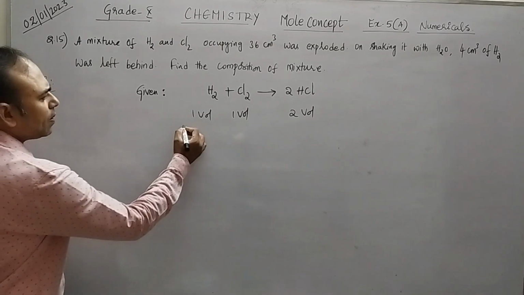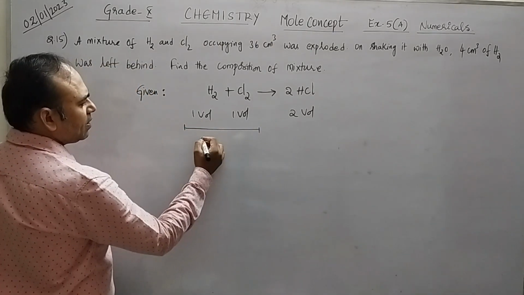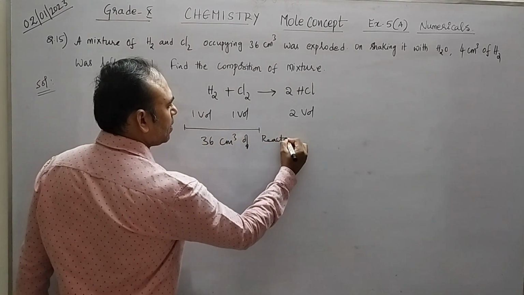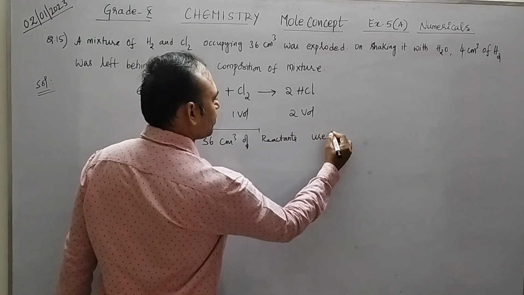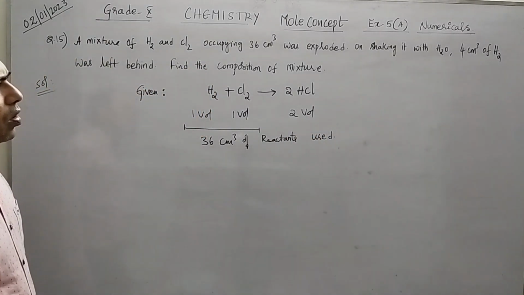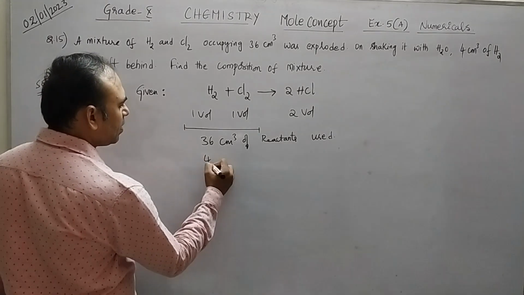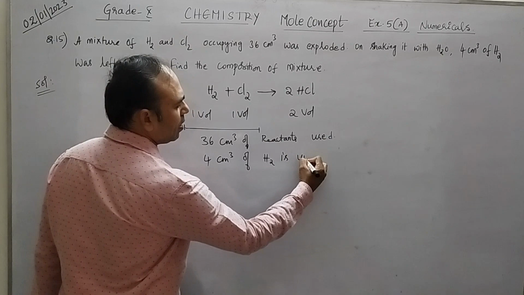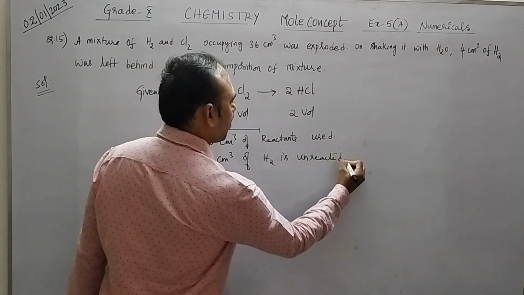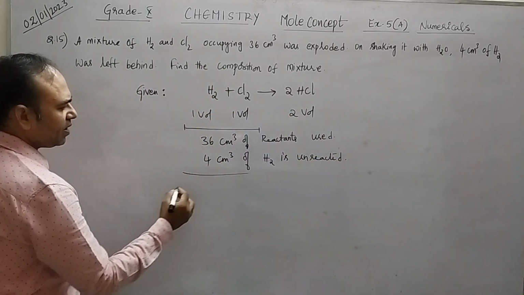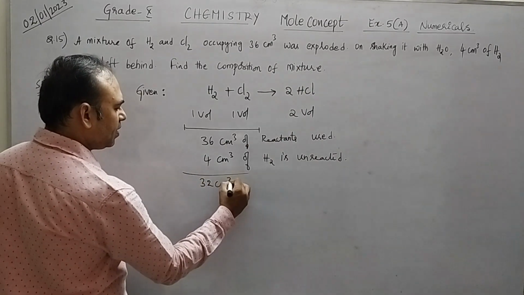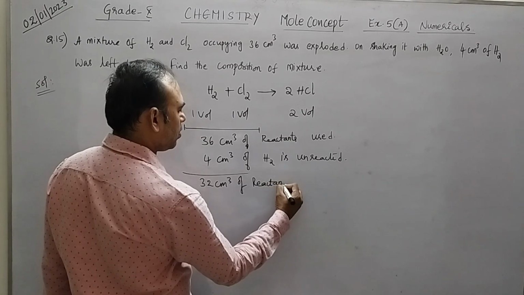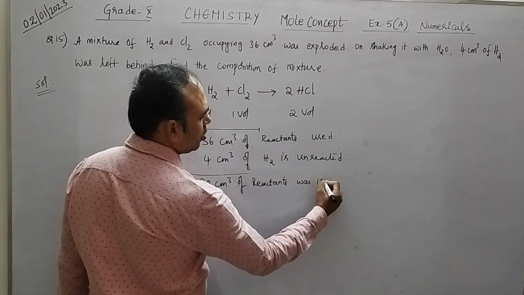Now what is the total reactants they have taken? 36 centimeter cube of reactants is used. Now how much is left out here? We know that 4 centimeter cube of H2 is unreacted. So if you subtract this, we get 32 centimeter cube of reactants was used.